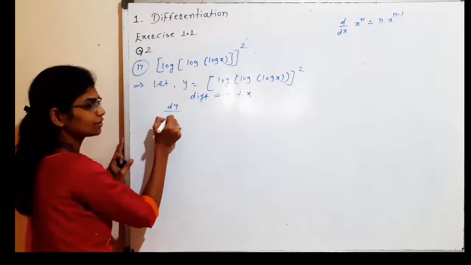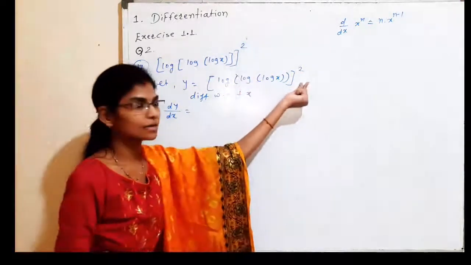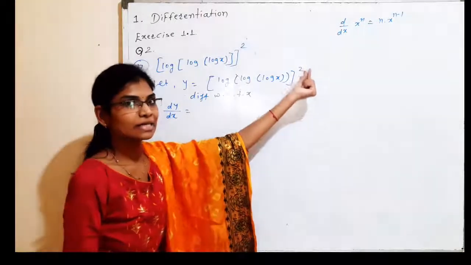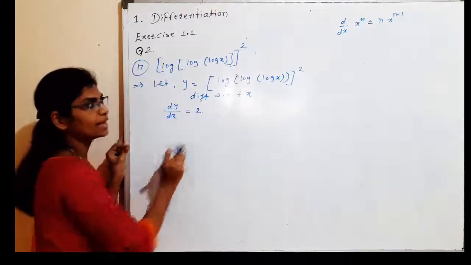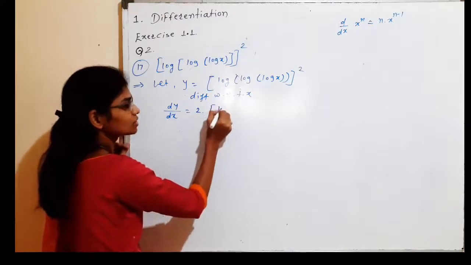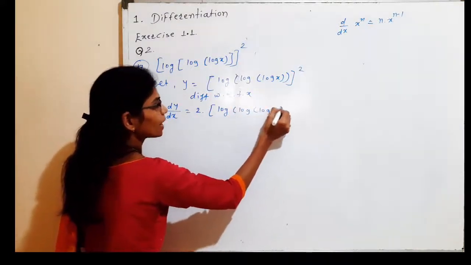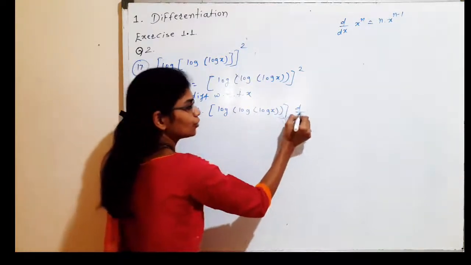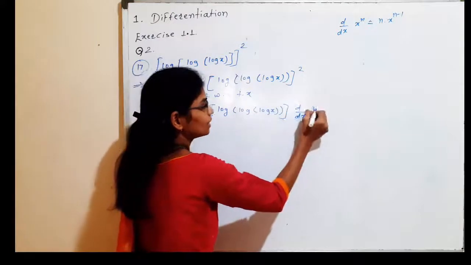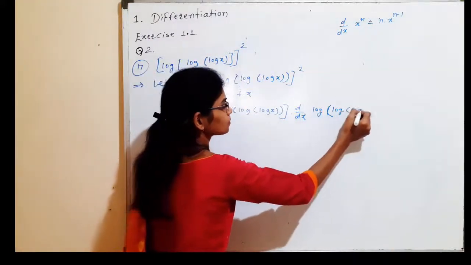Therefore, the derivative of y with respect to x is equal to, the whole bracket being raised to the index 2, 2 multiplied by the index less by 1, that is log of log x whole bracket raised to 1 only, multiplied by the derivative of the whole bracket, that is log of log x.